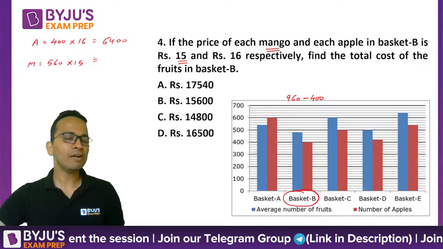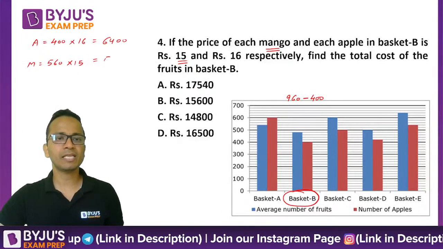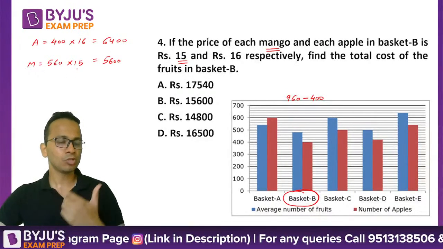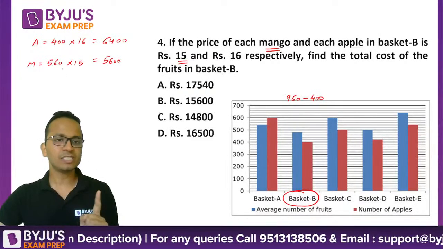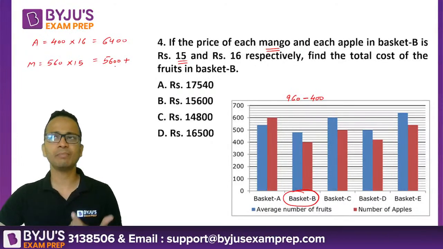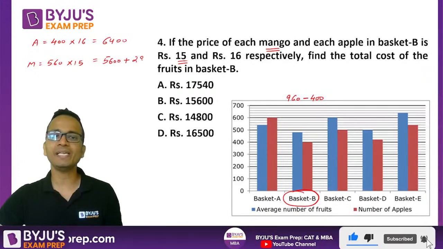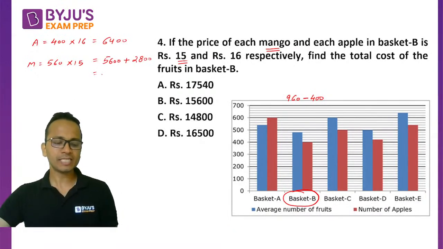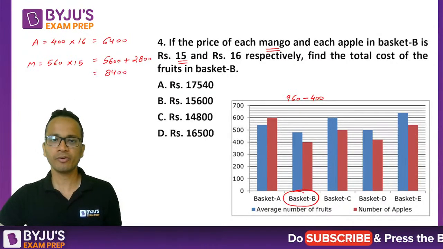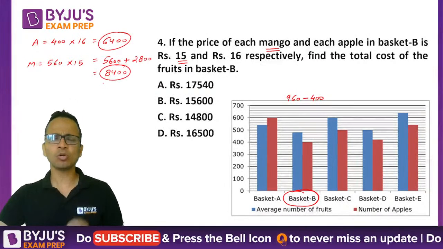And for mangoes, now I have to multiply by 15, okay. What I do is, first multiply by 10. 560 into 10 is 5600 and then multiply by 5. Now if we know into 10, then into 5 is its half, so half of 5600 is 2800. Okay, so this way you can make calculations easy, right. So it will be 8400, right? Now add these two numbers and that will be the total cost of fruits.